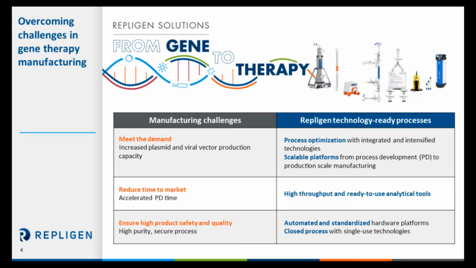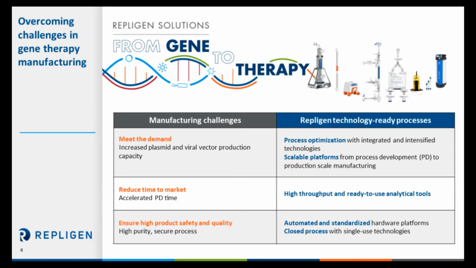Obviously, most of you are aware of the challenges in gene therapy manufacturing. We all want quicker, faster, more reproducible, single use, high throughput, and really trying to refine the process to always look for a better way of how to do things, right?